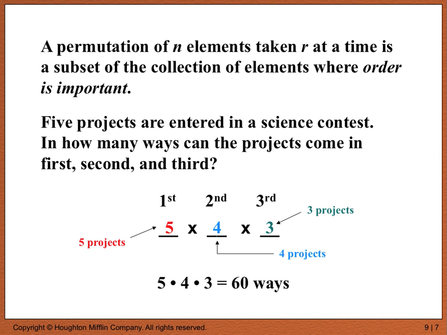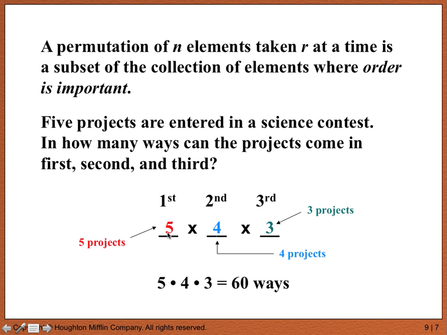And it makes sense to draw it as events, because it's clear that if I have not picked any prize winners yet, clean slate, all the projects displayed, I'm a judge, and I'm going to assign prize winners. Well, clean slate, no one's a winner yet. That means for the first place, I still have all 5 to choose from. That's why I have 5 here.